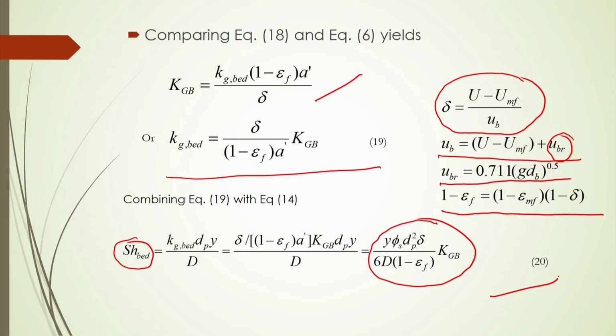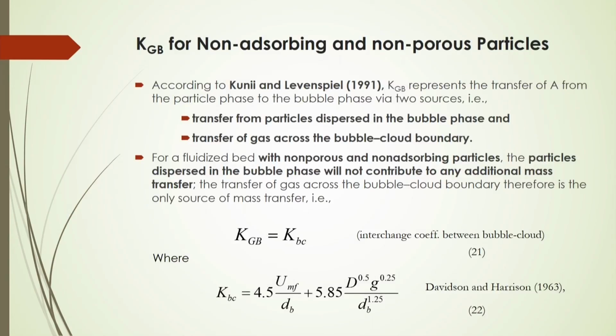This is equation number 20, which can be easily found once you know the diffusion coefficient of the gaseous medium, the porosity of the bed, the bubble phase fraction, particle diameter, and mass transfer coefficient. So by this equation of Sherwood number, you will be able to express the mass transfer coefficient in the fluidized bed when both particles and gas are moving inside the bed.